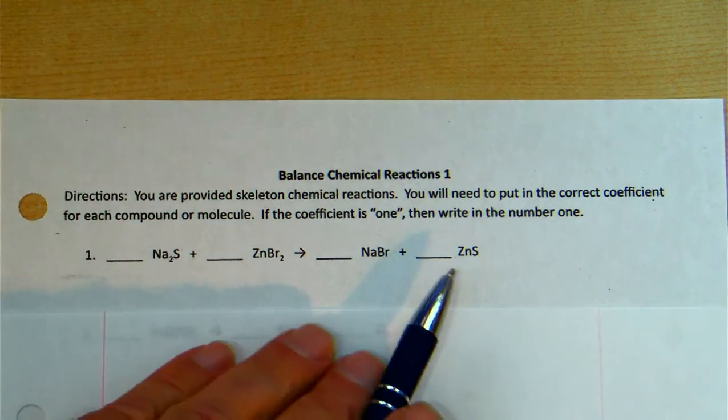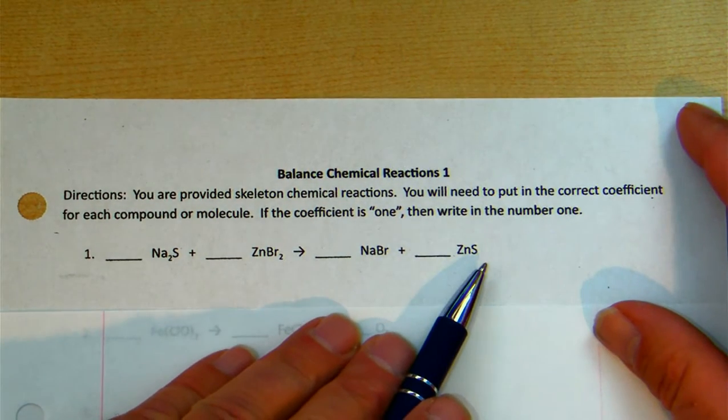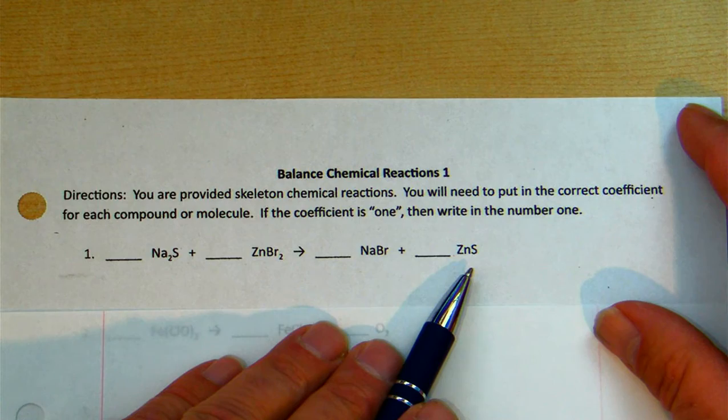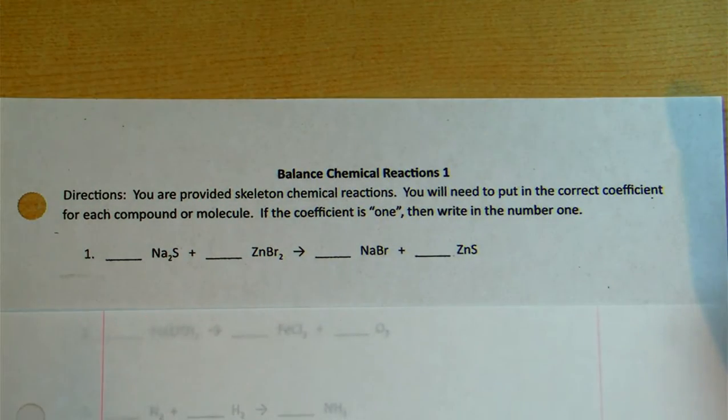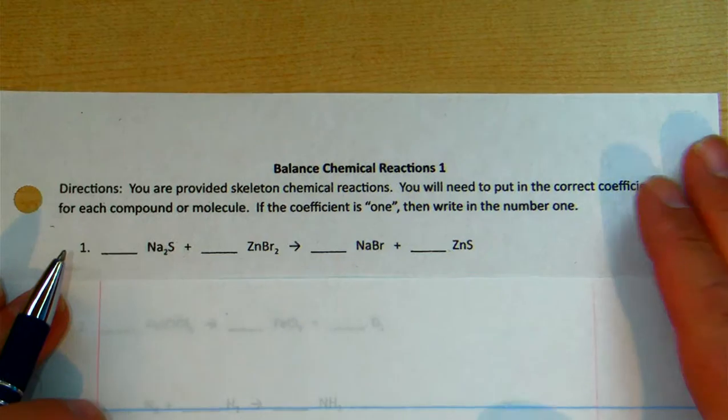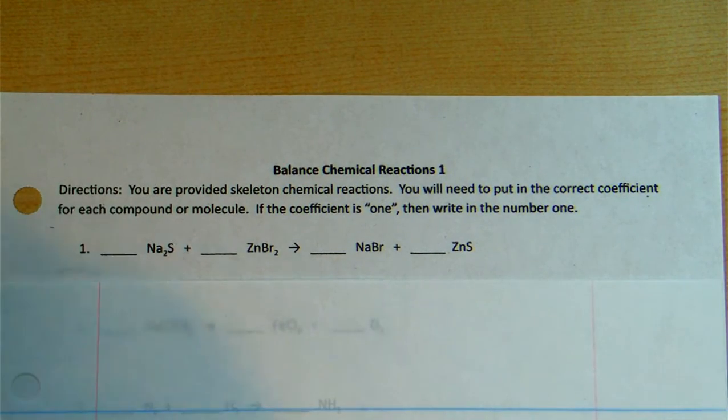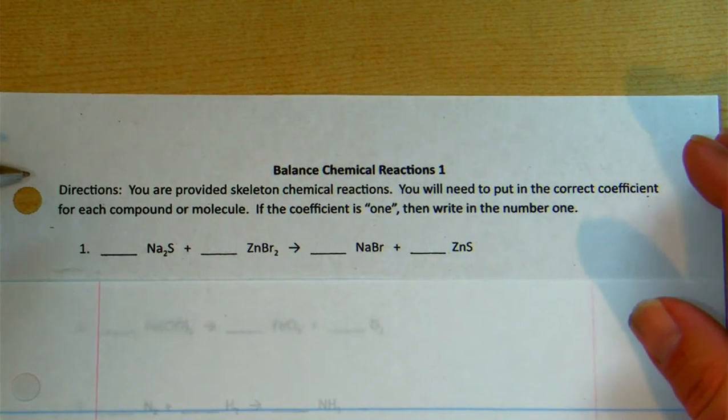So if you didn't correctly figure out that zinc sulfide is 1 zinc and 1 sulfur, then no matter what you do next, it's wrong. You can't fix a wrong thing by working on it some more without fixing the wrong part of it. You can't add to something wrong to make it right on this sort of chemistry work.